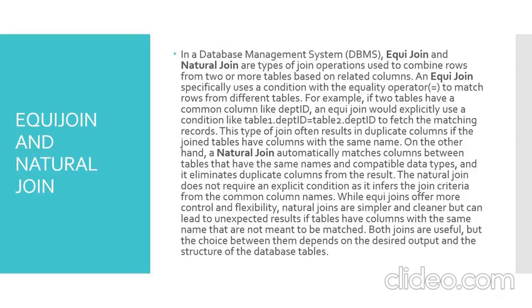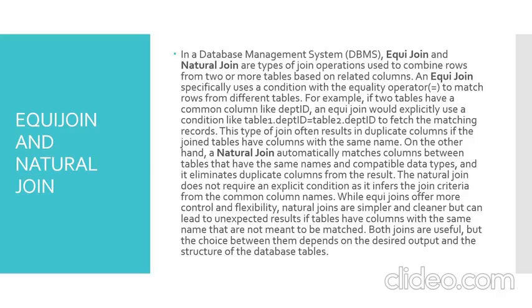This type of join often results in duplicate columns if the joined tables have columns with the same name. On the other hand, natural join automatically matches columns between tables that have the same names and compatible data types, and it eliminates duplicate columns from the result.